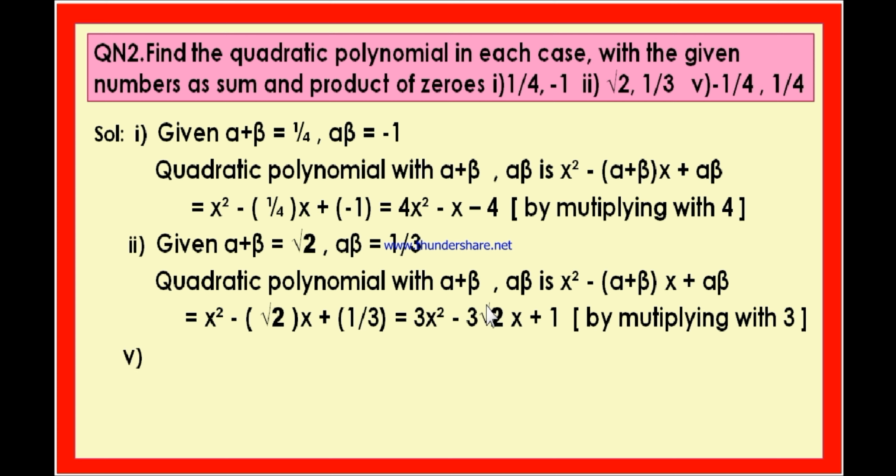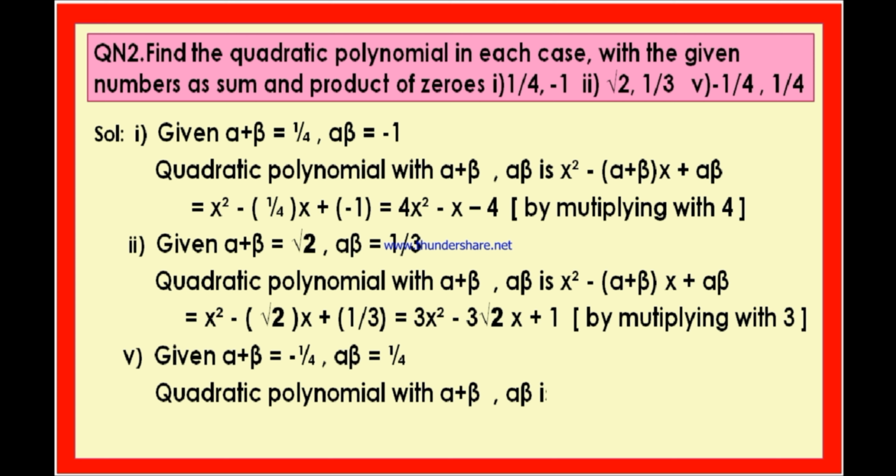Now look at the fifth bit. It is given that alpha plus beta is minus 1 by 4 and alpha into beta is plus 1 by 4. Again we have been given the sum of the zeros and product of the zeros. Then the quadratic polynomial with alpha plus beta and alpha into beta is x square minus (alpha plus beta) into x plus alpha into beta.